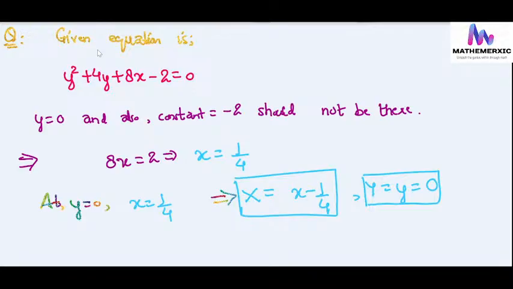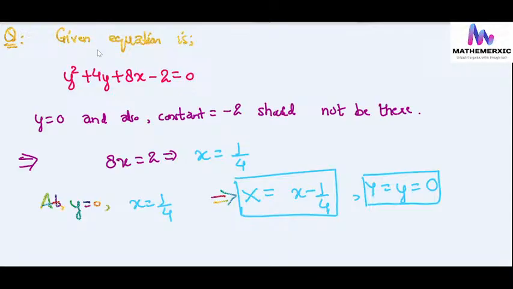The origin shifted to the point something else. I think I can get 3 by 4, but the problem is the minus 2 part that I have not got actually. Okay.